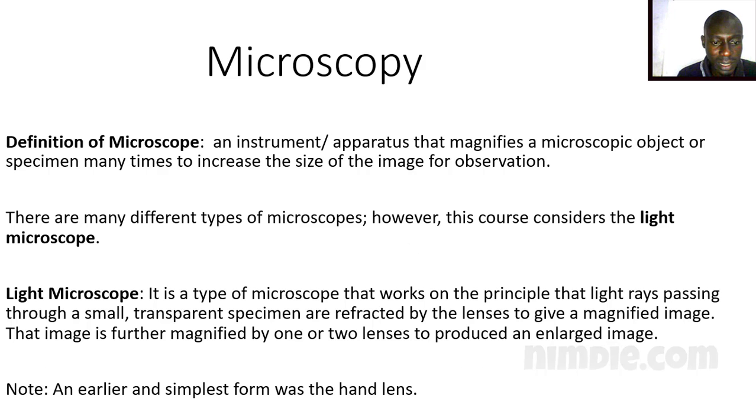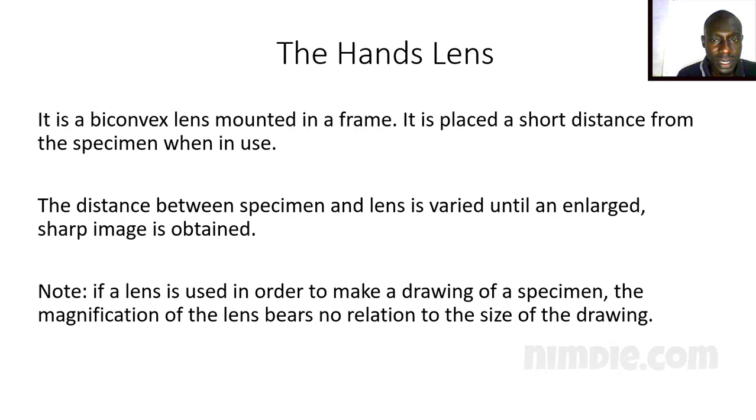An earlier and simplest form of the microscope was the hand lens. The hand lens is simply a biconvex lens mounted in a frame. It is placed a short distance from the specimen when in use, and the user varies the distance until an enlarged sharp image is obtained.